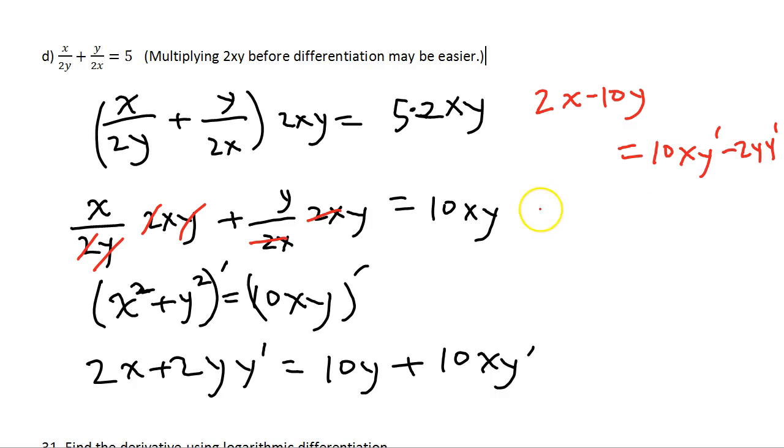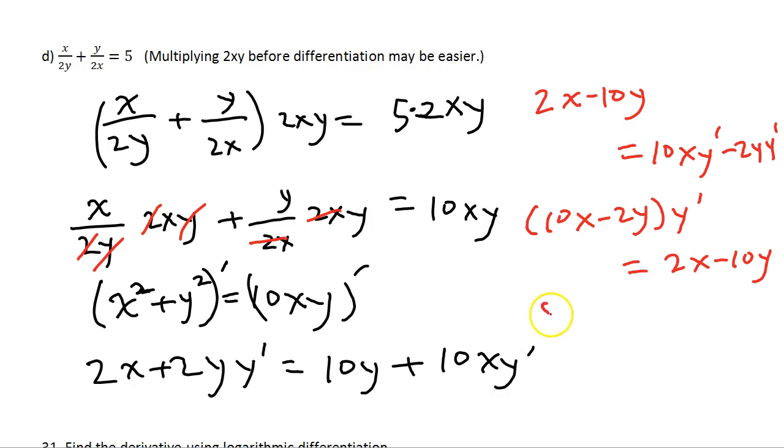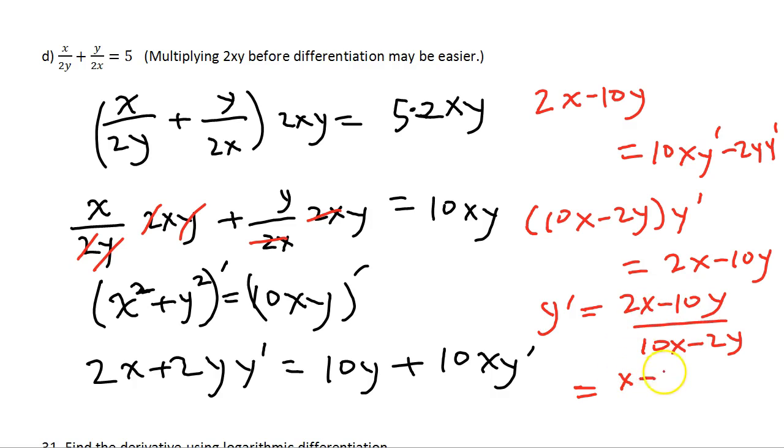Factor the y prime, so we get (10x minus 2y) y prime equal to 2x minus 10y, and you divide, so you get y prime equals (2x minus 10y) over (10x minus 2y). Okay. If you want to simplify this further, you can divide top and bottom by 2 because everything you see here is even, so you can rewrite it as (x minus 5y) over (5x minus y).